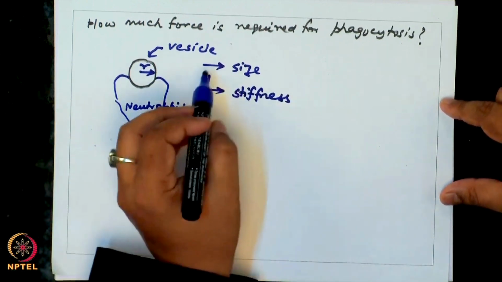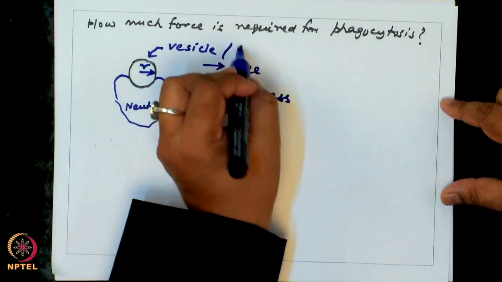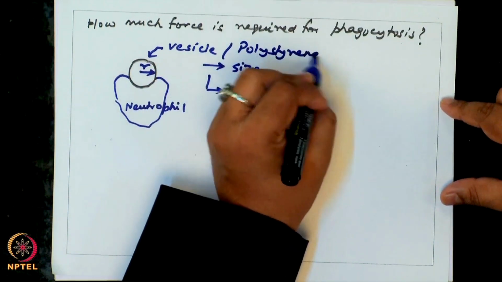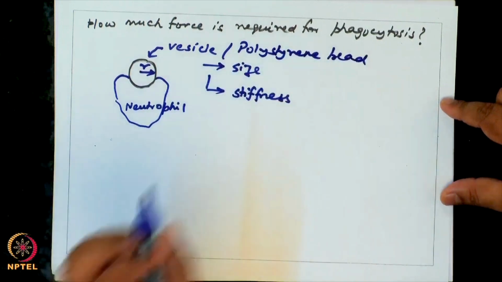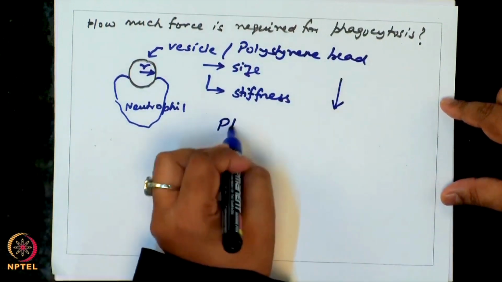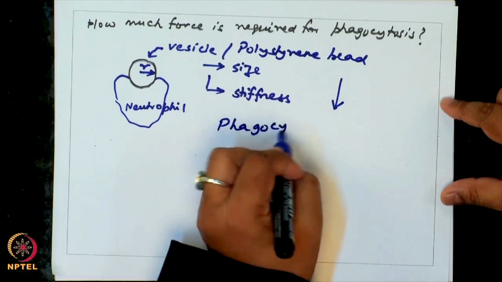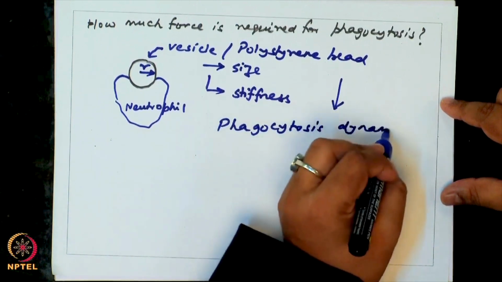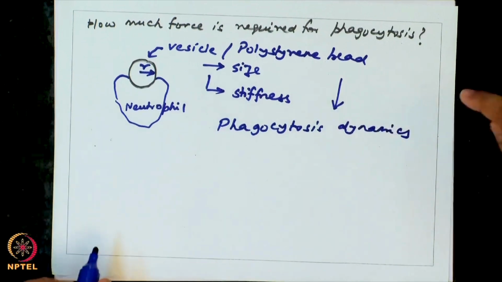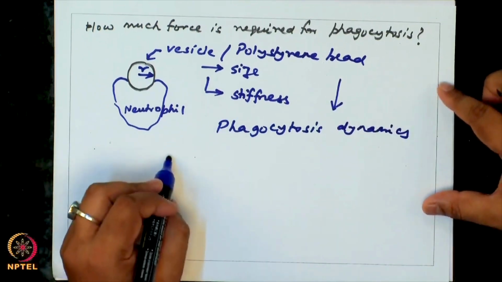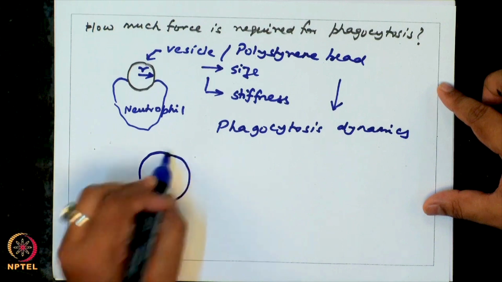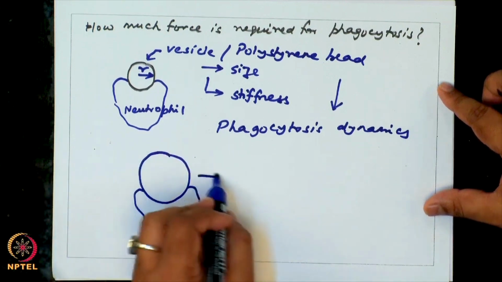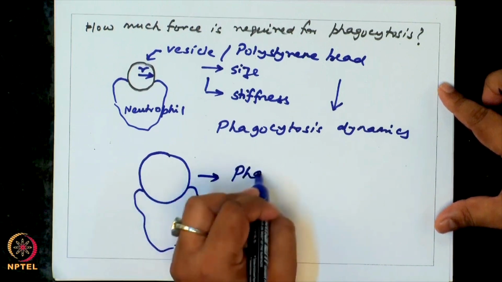In other words, if instead of a vesicle you had a polystyrene bead, the phagocytosis dynamics would have been different. And experiments have been done where if you take a bead which is huge, at some point the neutrophil actually gives up. Your phagocytosis fails.